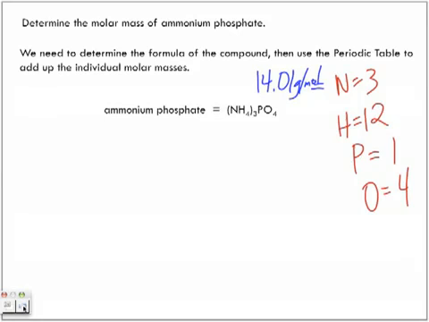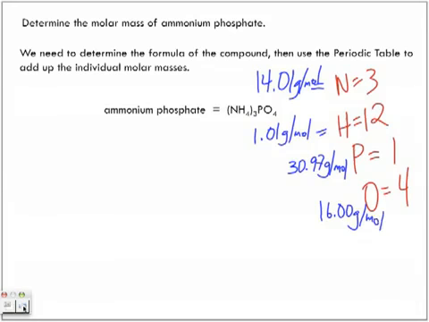Okay. How about hydrogen? What is the molar mass of hydrogen? 1.01 grams per mole. And what do we got to do with that? Multiply that one by 12. How about phosphorus here? What is the atomic mass? 30.97, and it's grams per mole, and we're multiplying it by 1. Right? And oxygen, 16.00 grams per mole, and we're multiplying that by 4.